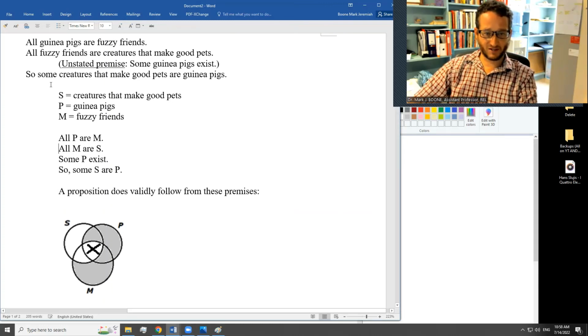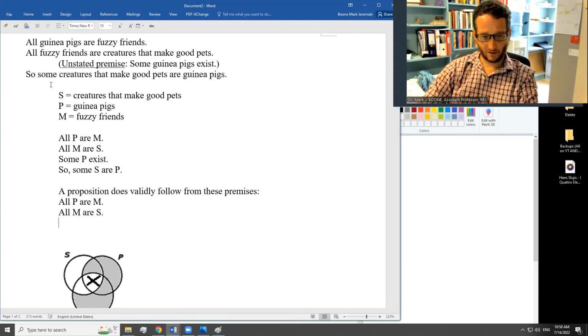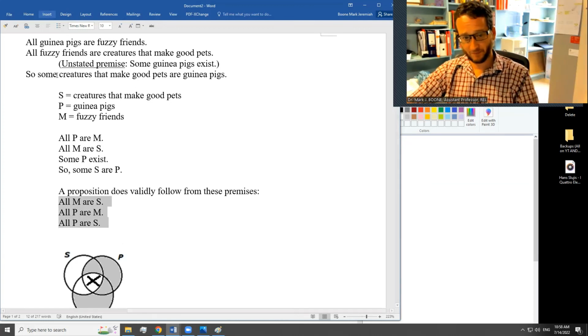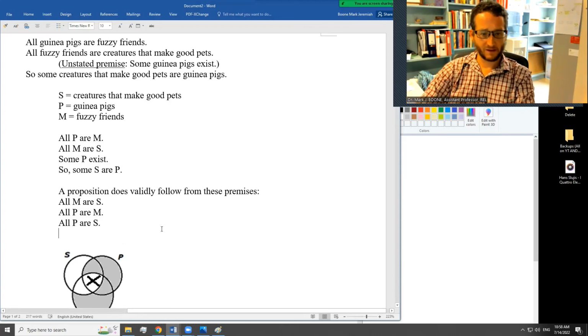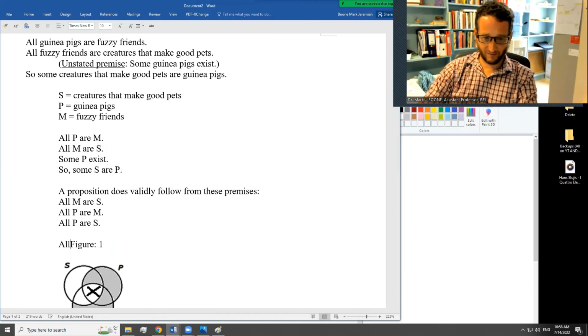And that proposition is, using all P are M and all M are S, all P are S. Now our symbolization scheme once again is messed up, but here's the standard form where we're using symbols in an unorthodox manner, but it's valid. And that is mood A figure 1, Barbara syllogism.